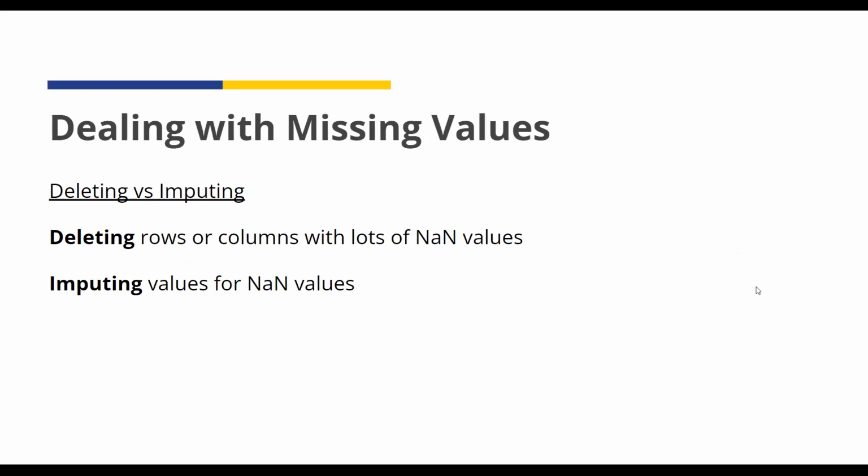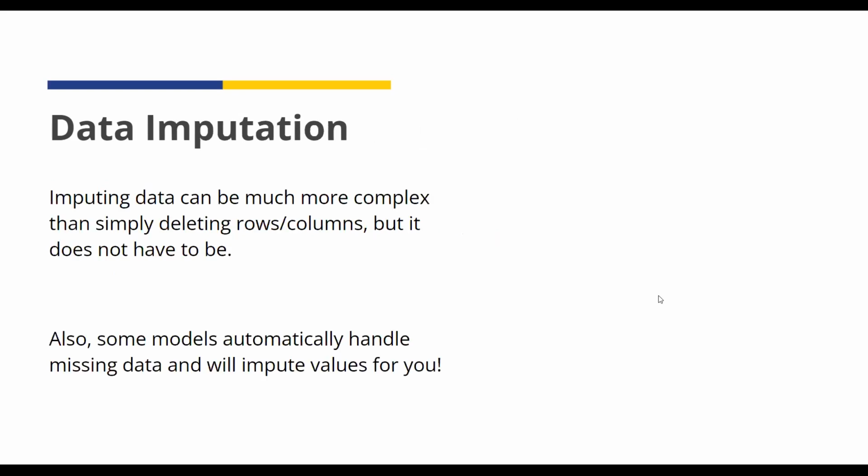For the most part, you have two different options, one of which is deleting information entirely. Usually that's deleting individual entries, which are rows, or certain features, which are columns, that happen to have a lot of missing values and aren't necessarily ready to be used. We can also impute values for those that are missing, which is essentially adding in a value ourselves for those that are non-existent, right? And we have a few different ways of doing that we can talk about.